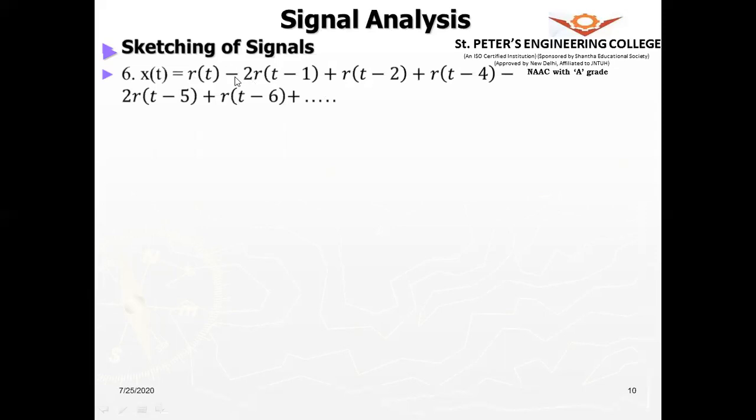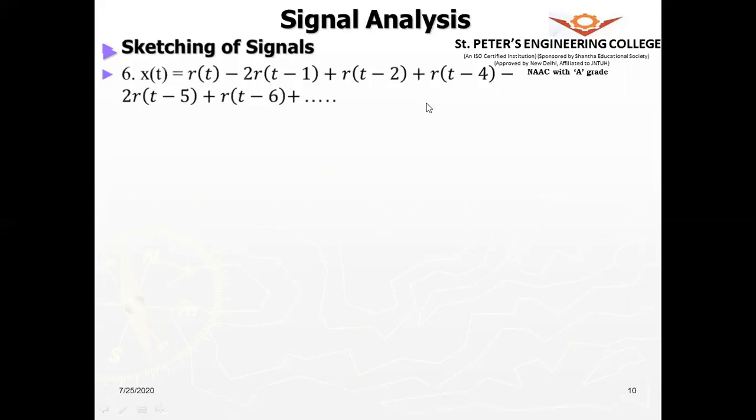So you see that the slope is -2, and here it is +1, here again it is +1, and here it is -1 at t equals 5. At t equals 6, the amplitude is +1 and so on. So this pattern, -2, +1, +1, -2, +1, +1, will continue.